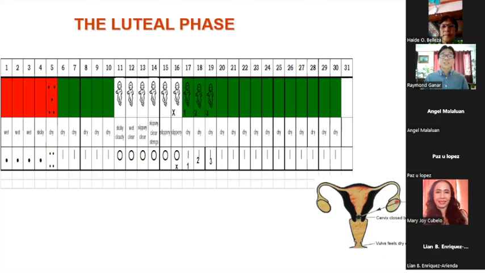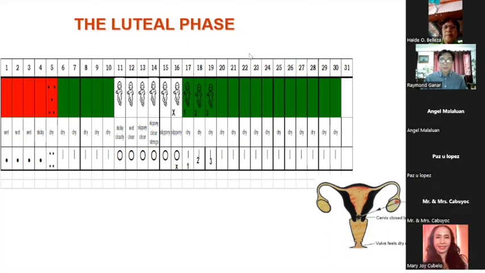So BIP starts on day 5. Take note. Until what day will BIP end? If BIP starts on day 5, BIP would be until what day? Can you please tell me? Switch on your microphone or you can place your answer in the chat box.